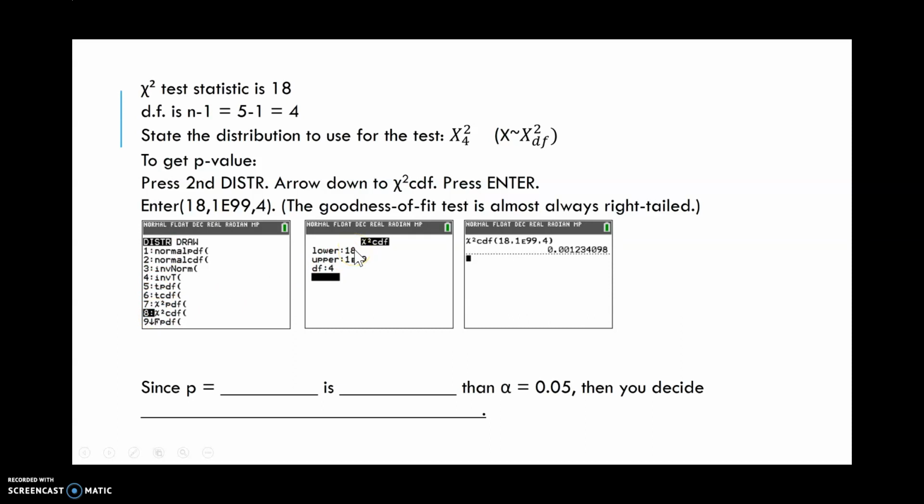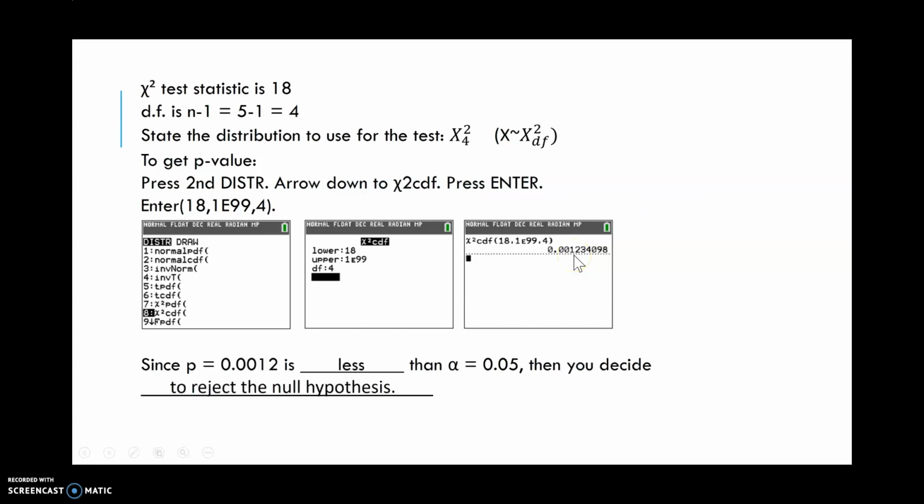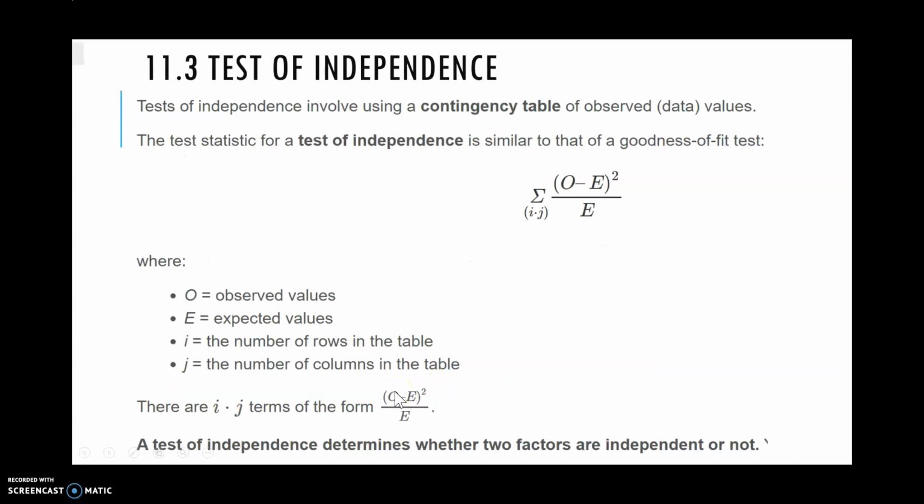I'm going to put in the chi-square test statistic we got for the lower value. That was 18. It's almost always right-tailed, and for us it's always going to be, so 1e to the 99, and then degrees of freedom was 4. So that gives us 0.0012. All right, so since p is 0.0012, since that's less than our alpha value of 0.05, then we're going to decide to reject the null hypothesis.